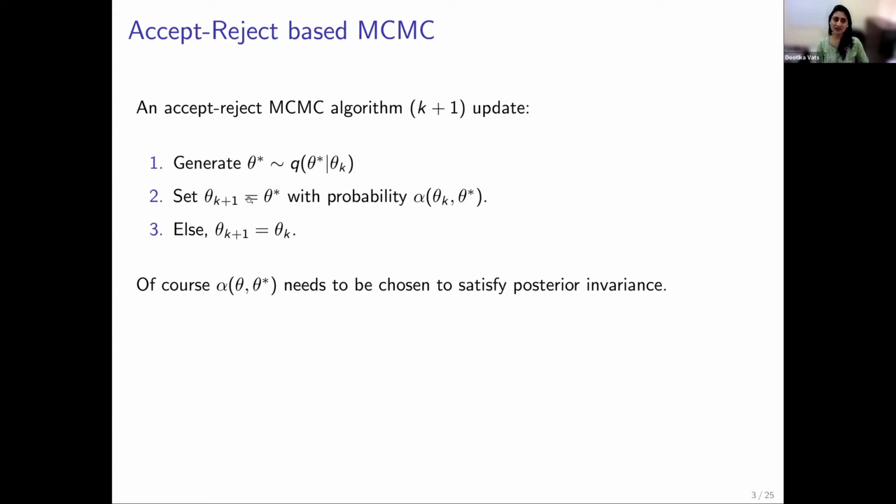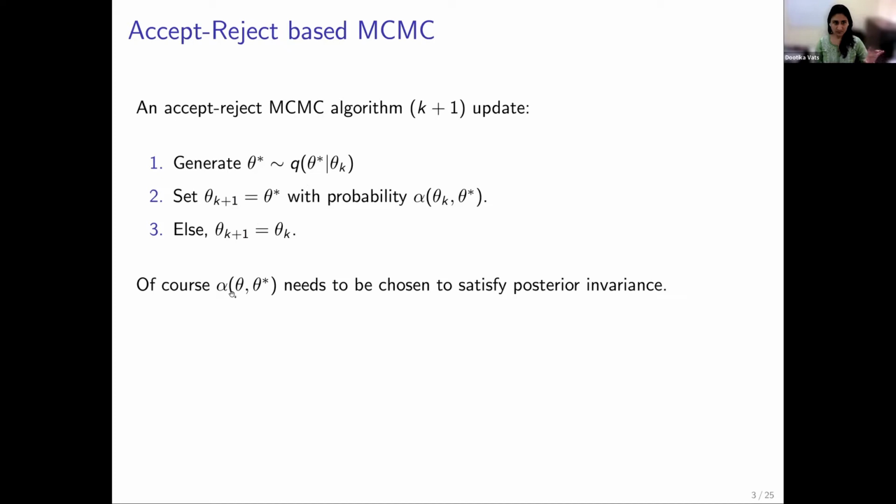And now this theta star is taken as the next step theta sub k plus 1 with probability alpha. And this alpha probability is a function of the theta k where I was before, and a function of the proposal value that I've drawn. Now, if I don't accept it, then I reject it, which means that my next step is my previous step. So theta k plus 1 is equal to theta k.